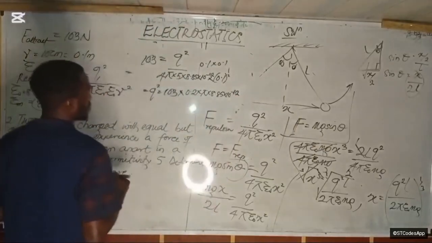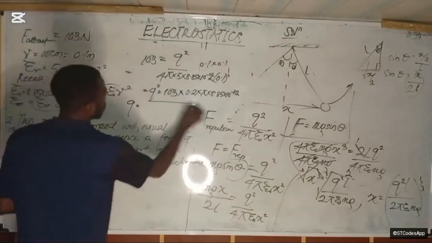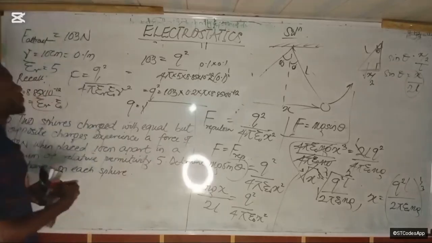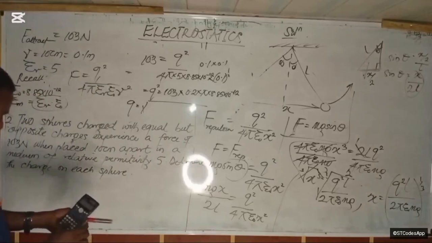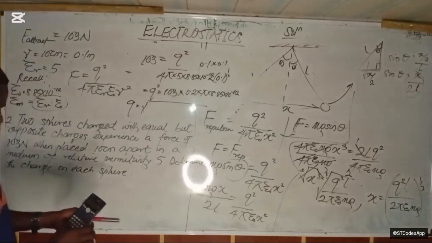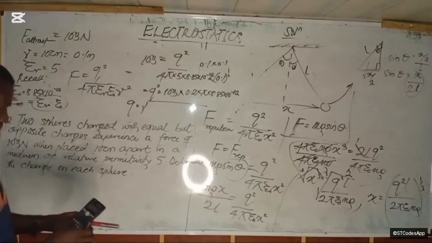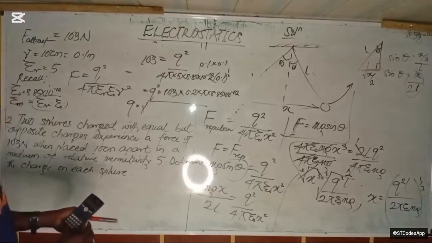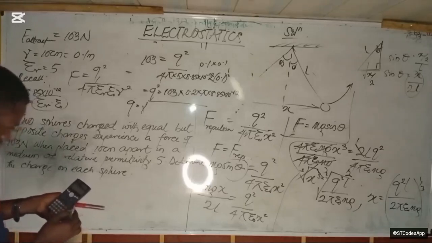If this is the case, then Q will be equal to the square root of everything there. So let's multiply that: 10^3 times 0.2 times 8.85 times pi.